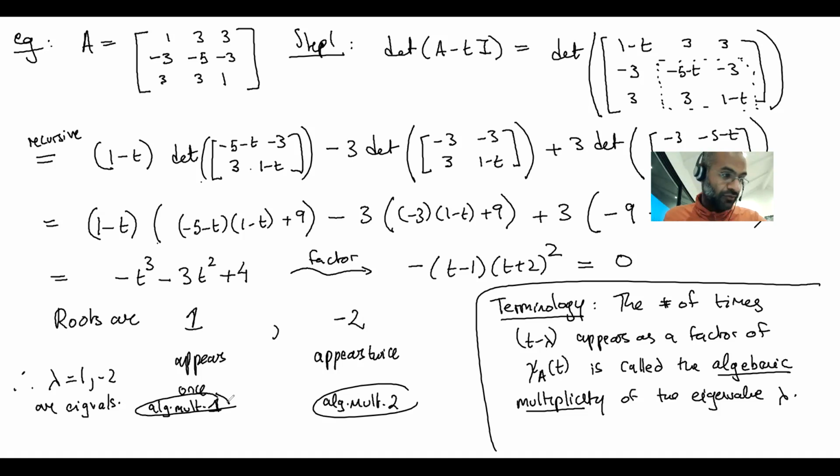Okay, let's do step two. Now that we have the eigenvalues, it's kind of easy. You just find the null spaces. So step two.